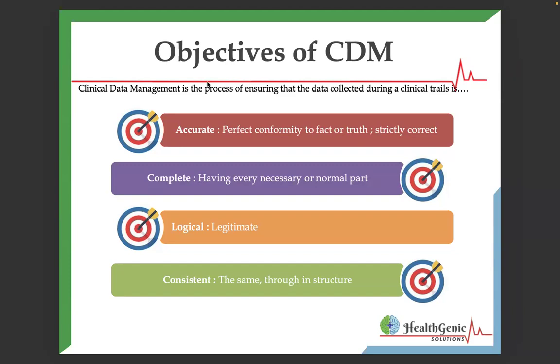Now there is something called, in some companies we say IND, the investigational new drug application. We put this application to the regulatory authority of the government, saying we are planning to do this clinical trial in these hospitals, in this many patients.